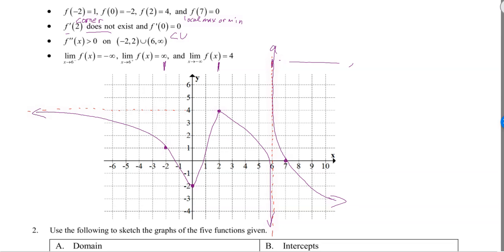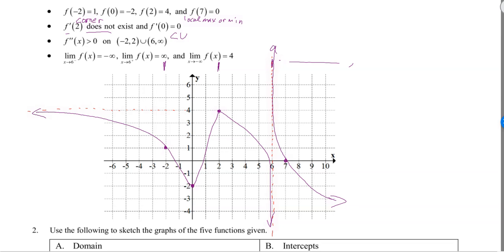So if you do get one of these, just go back over it. When you've done it, make sure, do I have the points? Okay, what I have drawn seem reasonable? Are we concave up from here to here?